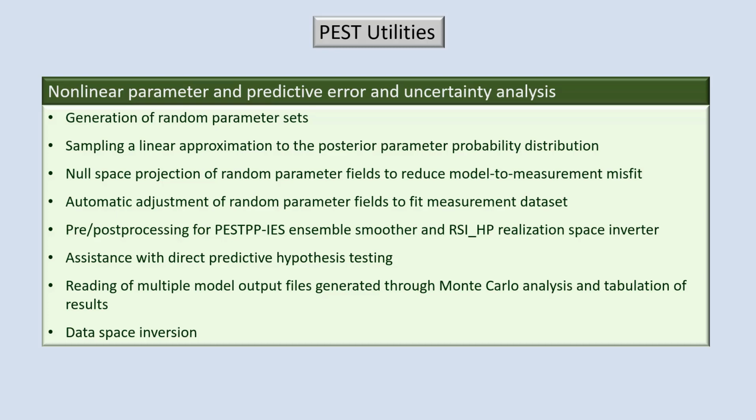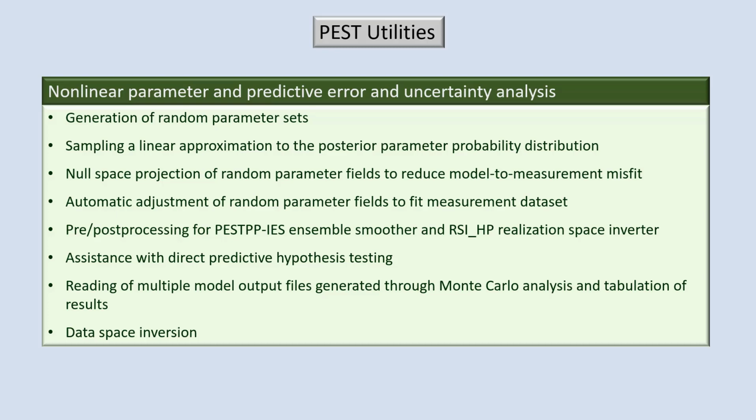Hence, they can all calibrate the model just as well as the original parameter set that was derived through the inversion process. Samples of the posterior parameter probability distribution attained in this way can then be used to implement Monte Carlo analysis of predictions of management interest.